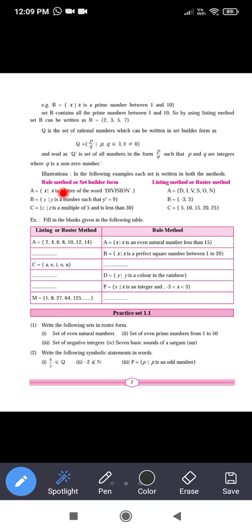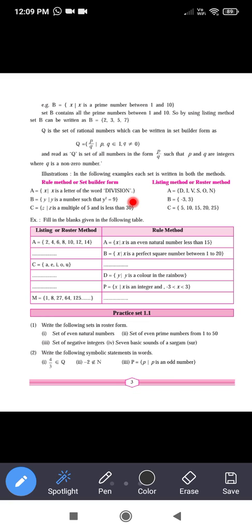Okay, now illustration. Now see the rule method and set builder form and their listing forms given over here. Now see the set A. Set A is the set of all x such that x is a letter of the word division.